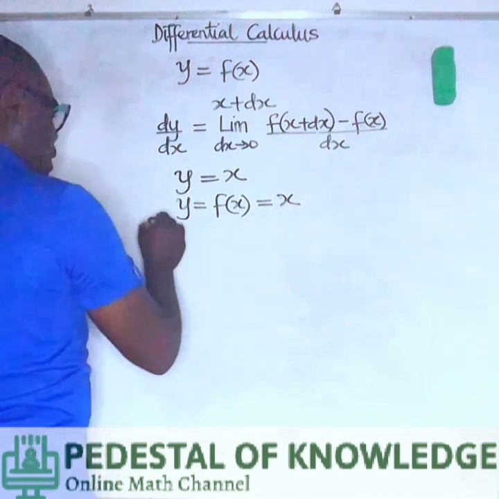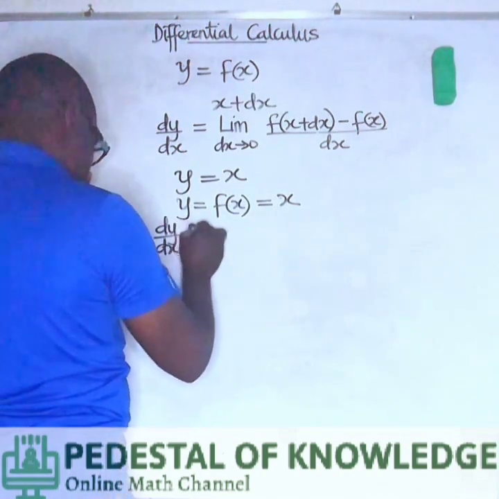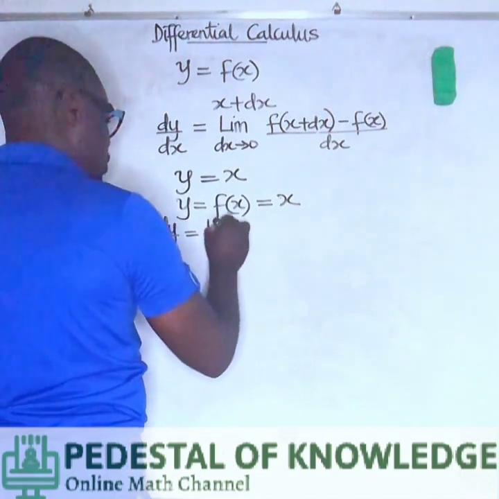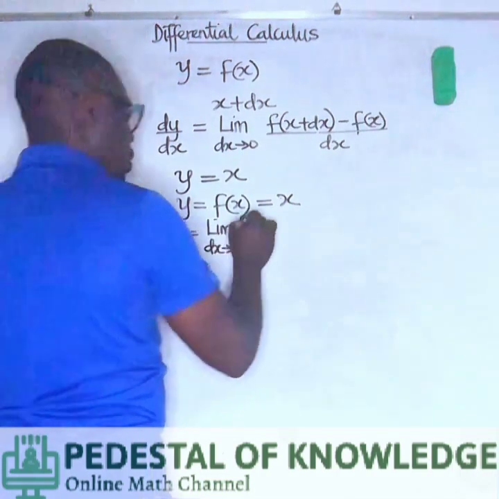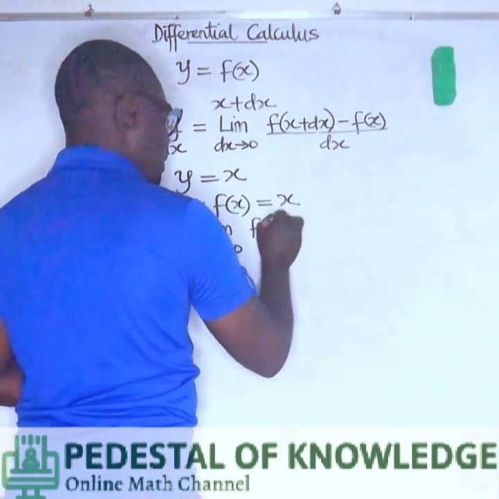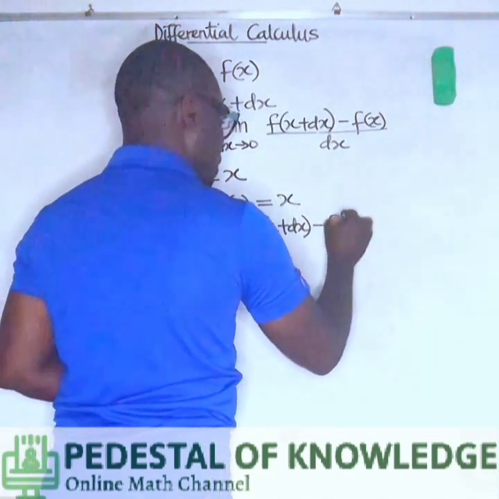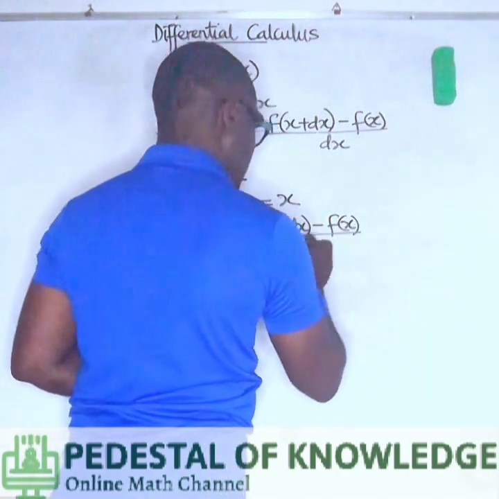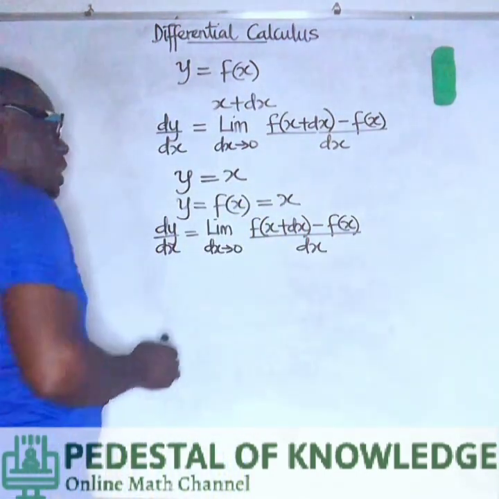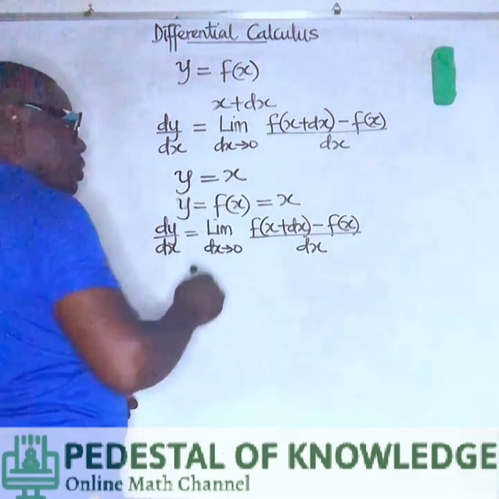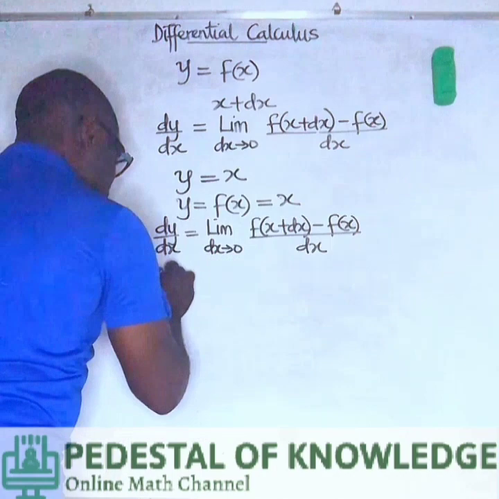That rate of change is dy dx, and is equal to the limiting value as dx approaches 0 of f of x plus dx minus f of x over dx. So what it means now is that anywhere we see x, we're going to replace it with x plus dx.